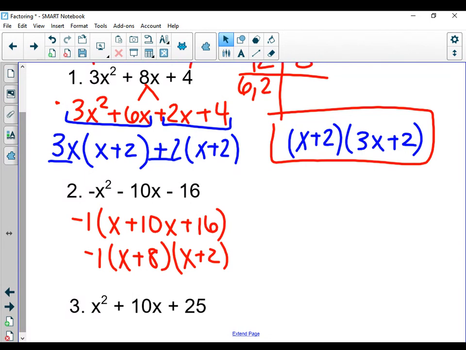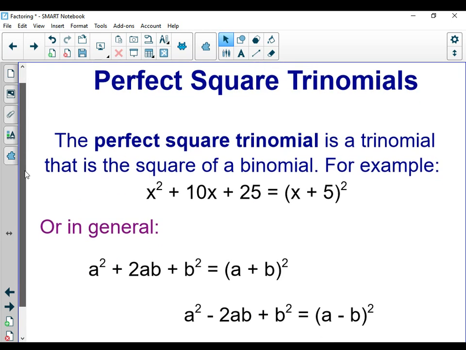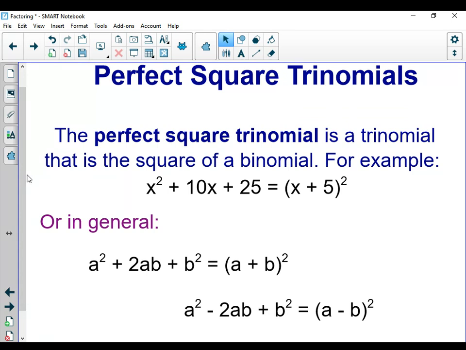So on your homework, it might ask you to factor by perfect square trinomials. Why? I don't know. They have this formula, and you don't need to write this down. That's called perfect square trinomial. They're saying, hey, if you see an equation like x squared plus 10x plus 25, and it fits this mold of a squared plus 2ab plus b squared, then all you have to do is factor like this.